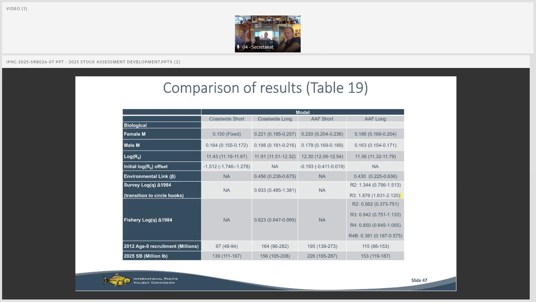Have you tried using a normal prior instead of a log normal? No, because what would the basis for that be? The normal is less informative than a log normal. The log normal has a peak and has a tail.